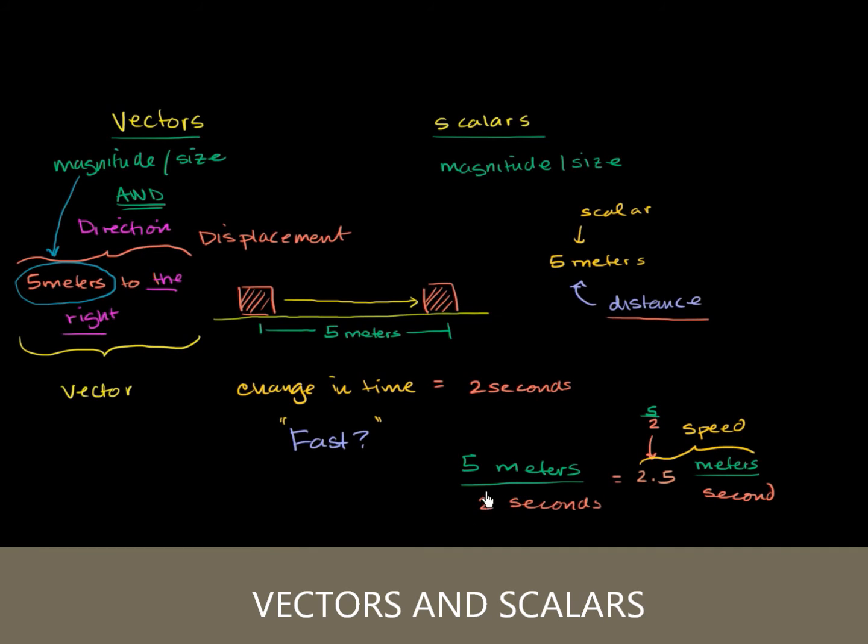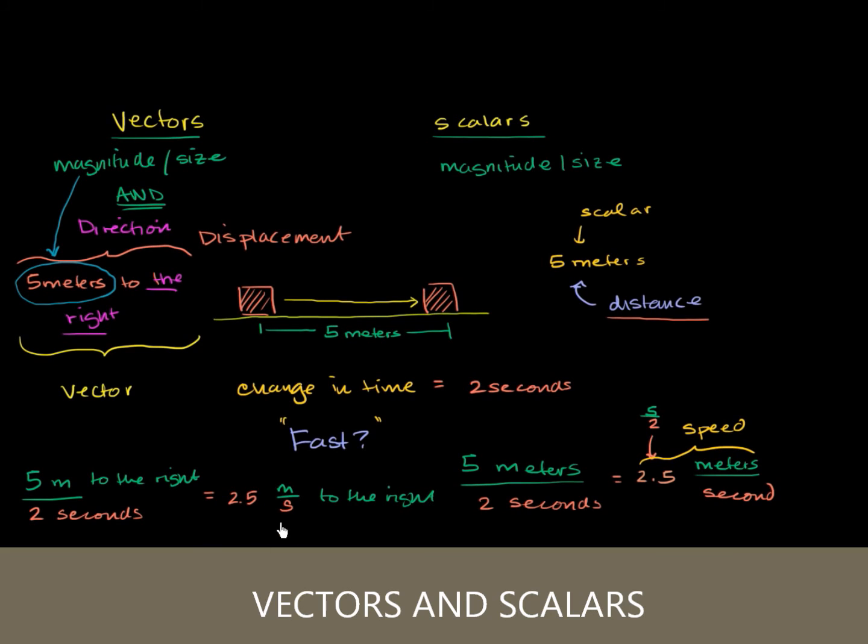Now, if we say it went 5 meters to the right in 2 seconds, then we get, once again, 2.5 meters per second to the right.